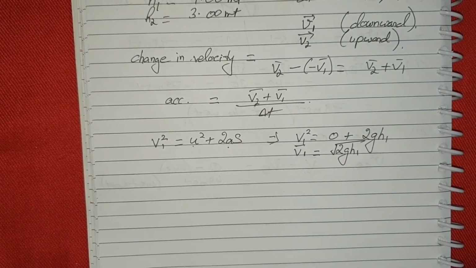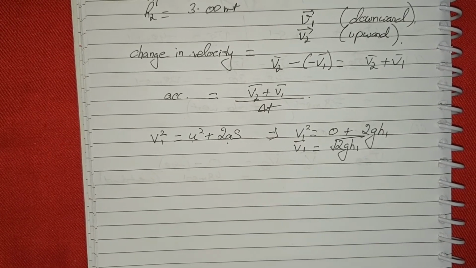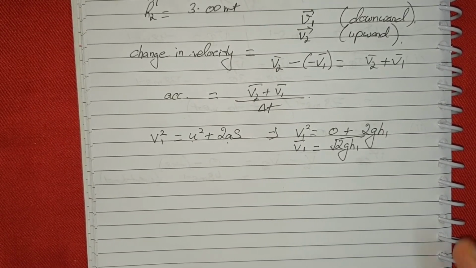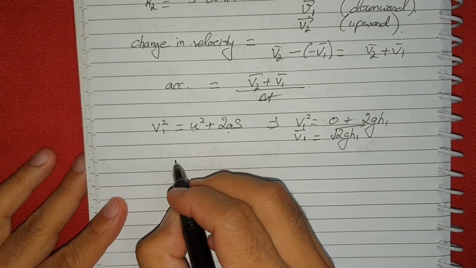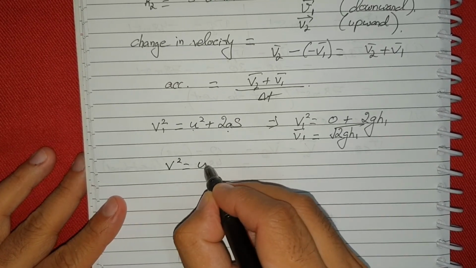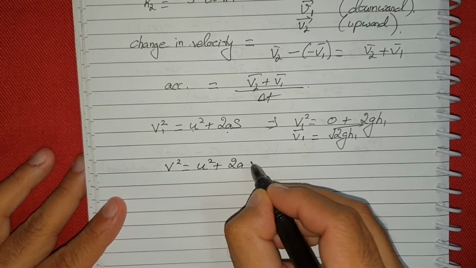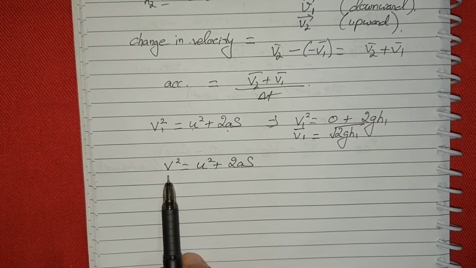Now after striking the floor, moving up, applying the same third equation of motion, v square equals u square plus 2as. Now we have to substitute the values.